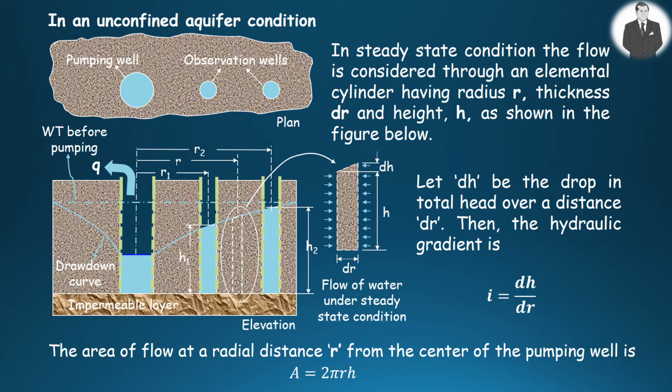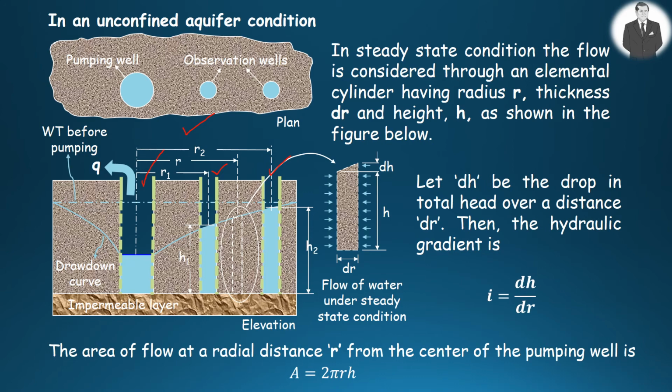Pumping tests can be carried out under unconfined and confined aquifer conditions. In the figure, you see the setup of pumping test for unconfined aquifer condition. In section, you see pumping well and the observation wells located at a radial distance around the pumping well.